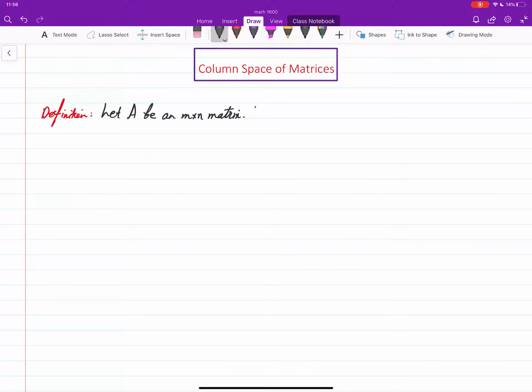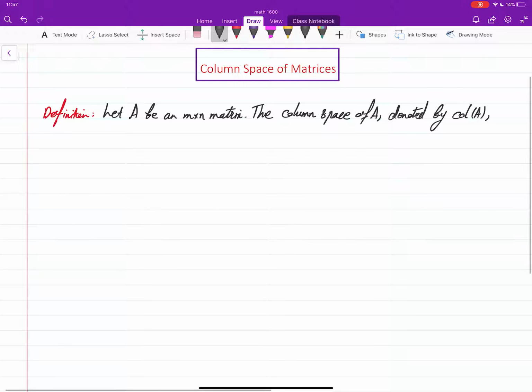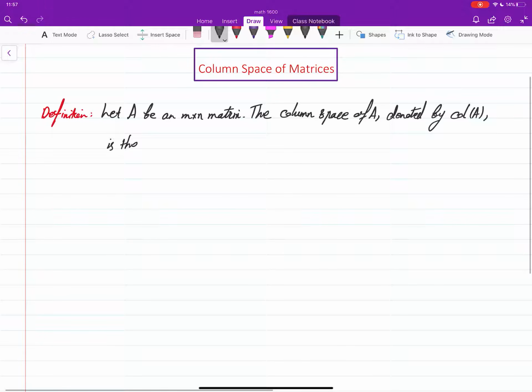And the column space of A, we have a notation for that, denoted by COL of A, is the subspace of Rm spanned by the columns of A.